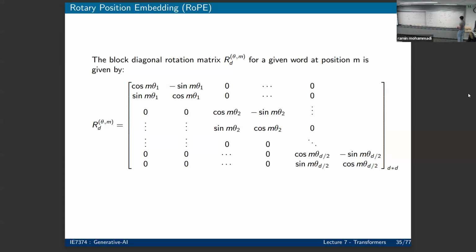Total, this becomes a D by D matrix. If you want to look at it from a matrix perspective, instead of multiplying every pair by this, you can multiply the whole vector by this matrix. And this gives you the same impact, the same rotation, in a matrix.